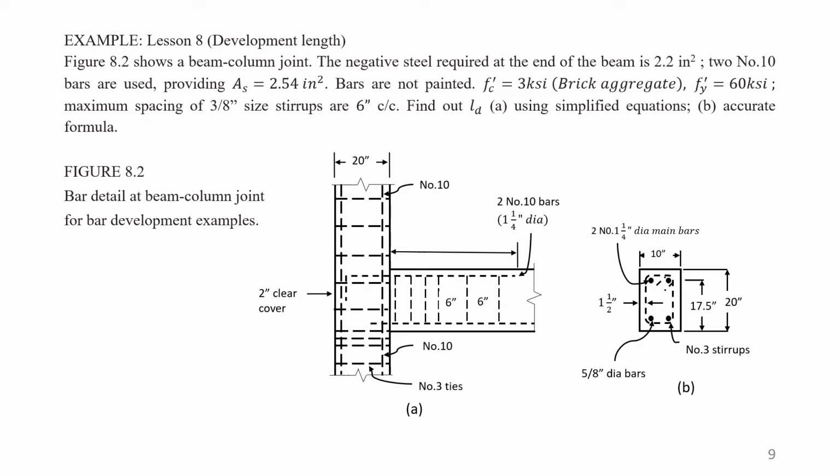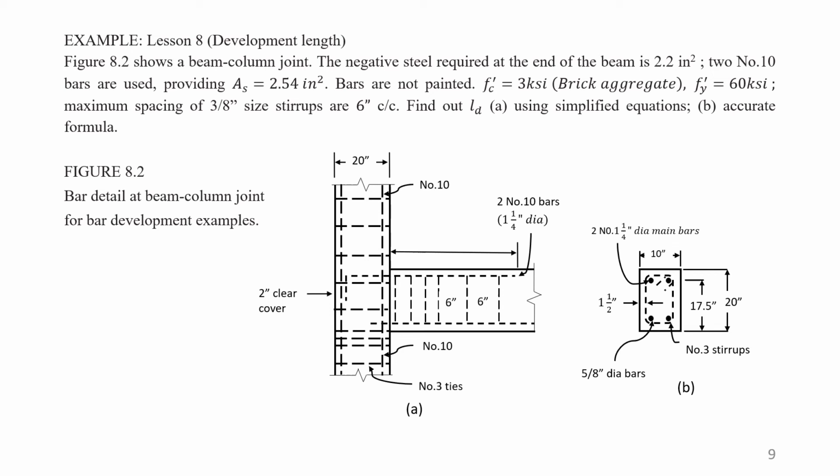The bars are not painted, and F prime C is 3 KSI, with brick aggregate. If there is a mistake in this printing, the stirrup spacing is 16 center at maximum.